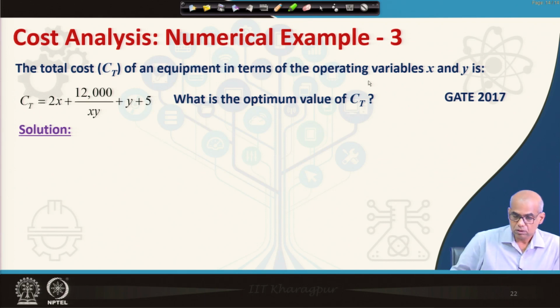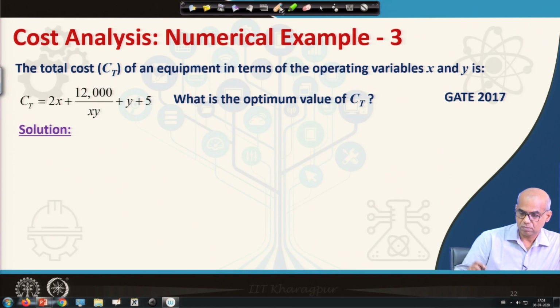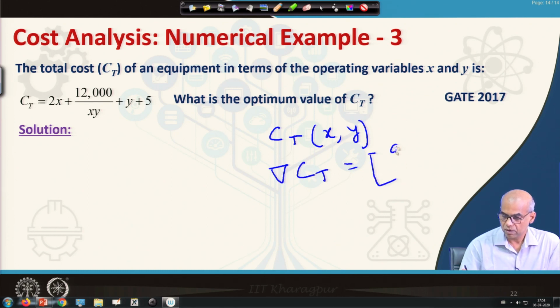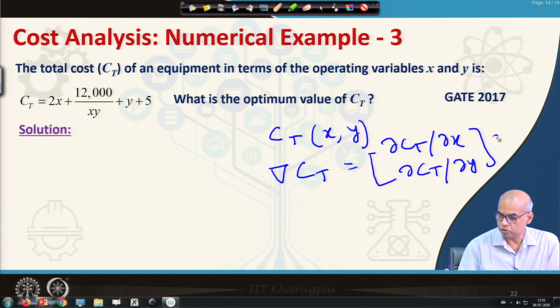So, the cost function is a two variable function. Ct is a function of x and y. What you have to do is set the gradient of Ct, which is del Ct del x and del Ct del y, equal to 0.